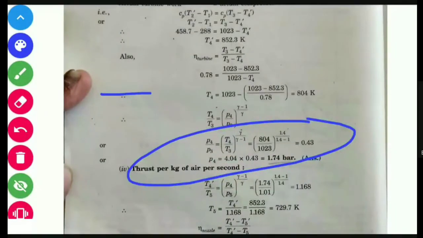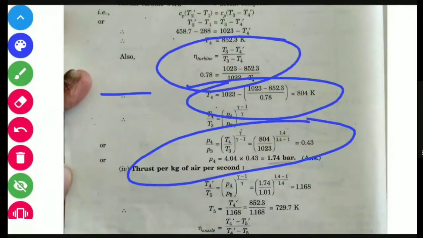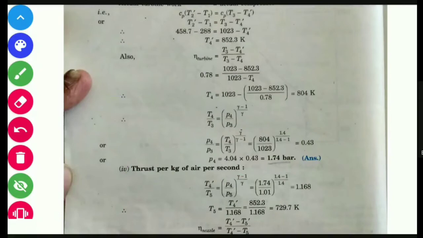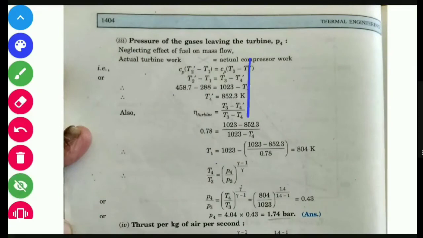So for that, to find out the T4 value, you must use the turbine efficiency. Because turbine efficiency is given in the given data, right? But to find out the T4, still you don't know T4 dash. So for that, we have to use the condition that is given in the problem.